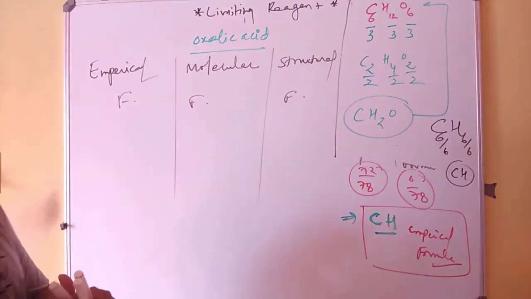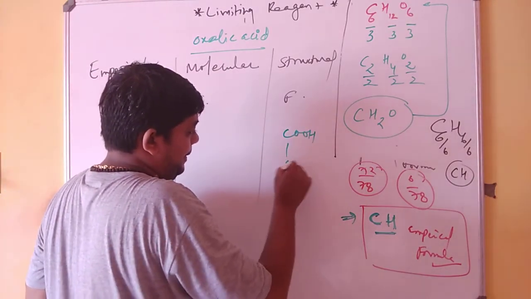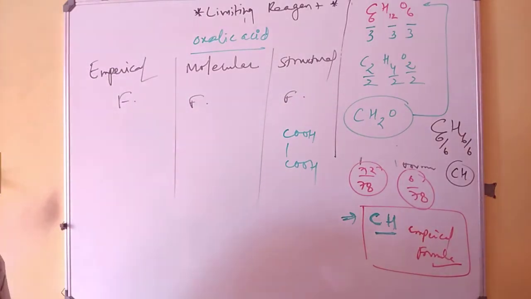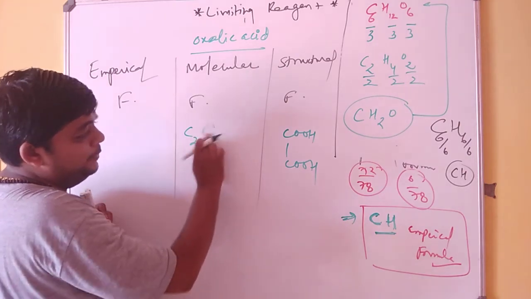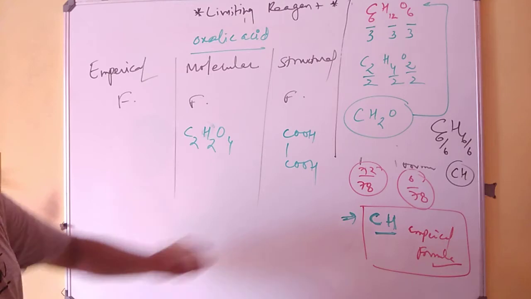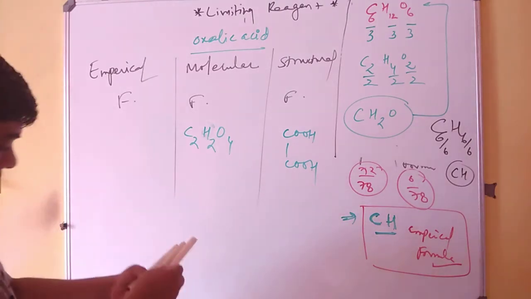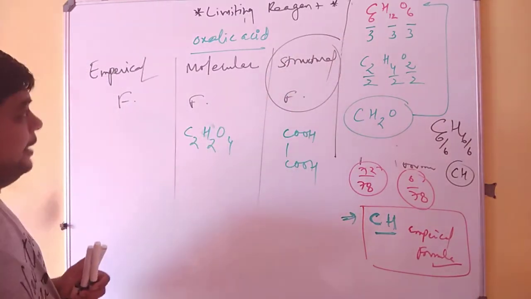When I say structural formula for oxalic acid, it is this. When I say molecular formula for oxalic acid, C2H2O4. This is the structural formula, and this is the molecular formula for oxalic acid.